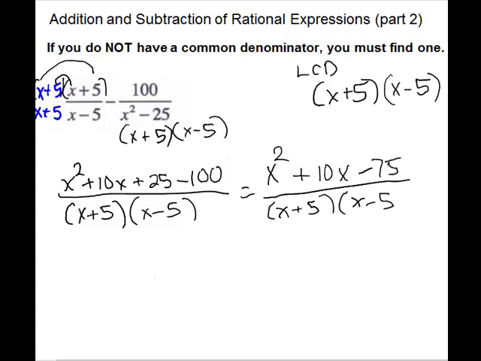And we have to see if that trinomial will factor. I believe it will with 15 and 5. So we want a plus 15 and a minus 5. So that should work.